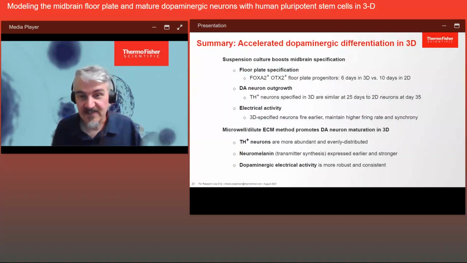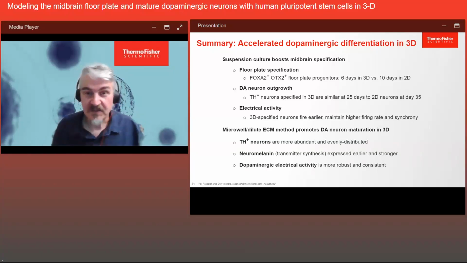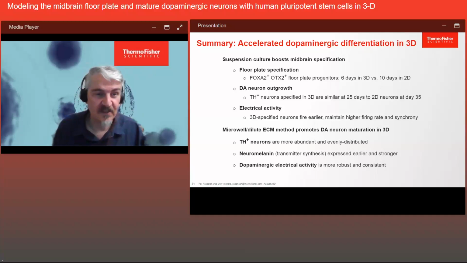So to summarize this section, I want to draw your attention to a few points, mainly on the bottom of the slide. We found that organoid architecture is more complex after formation in microwells or with encapsulation in extracellular matrix. Both of those conditions appeared to increase the numbers of dopaminergic neurons per organoid, but the combination of seeding in microwells with a dilute extracellular matrix produced regularly sized and shaped organoids with abundant Th-positive neurons.